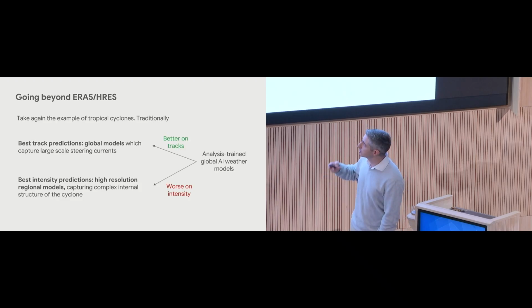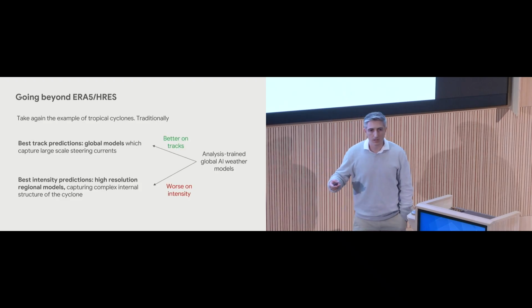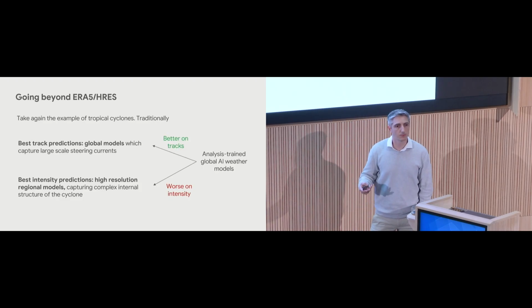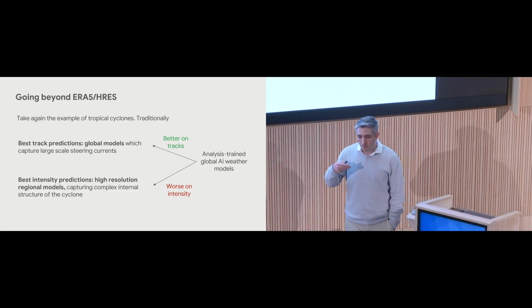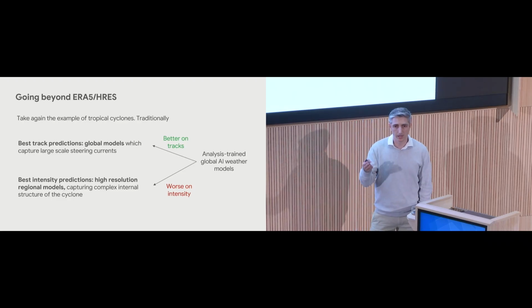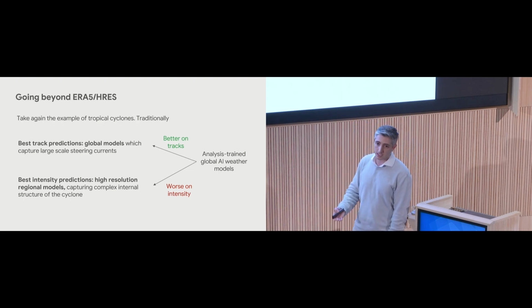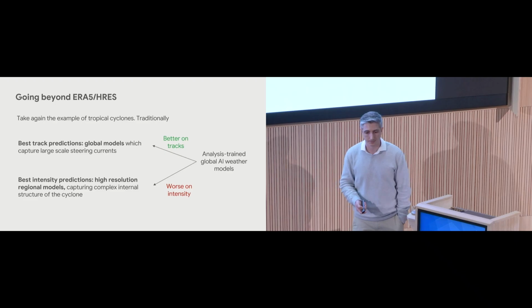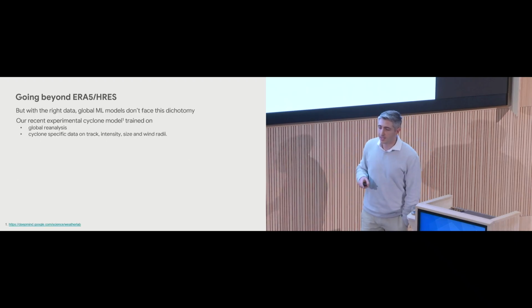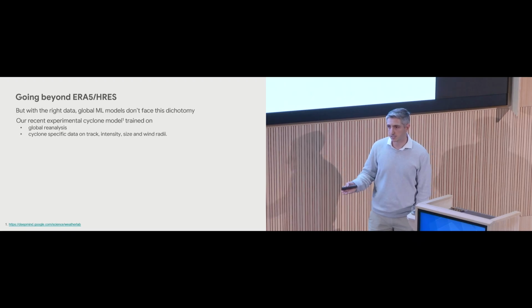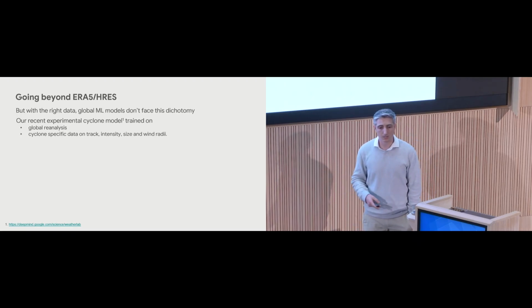And so what we've seen so far is that these models, the kind of state-of-the-art AI weather models that are trained on reanalysis data, are better on track prediction than these state-of-the-art physics-based models, but they are significantly worse on predicting intensity. The good news is that with the right data, our global machine learning weather models don't have to face the same dichotomy as physics-based models.